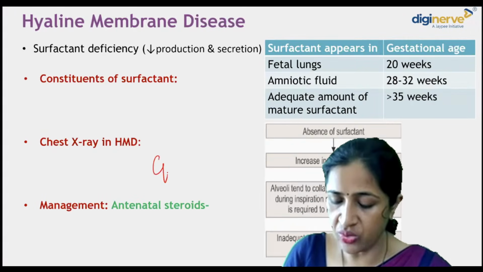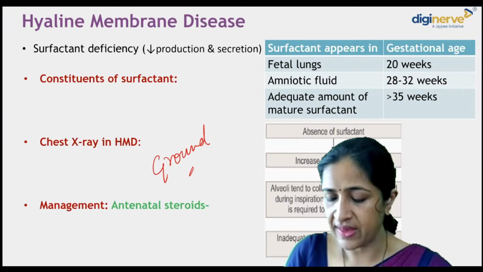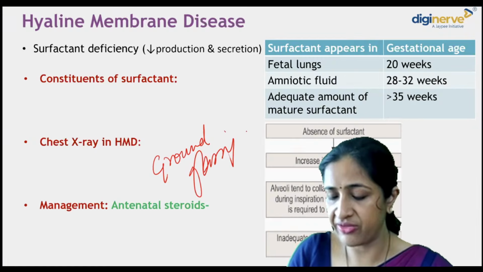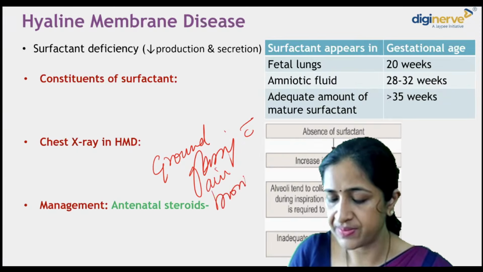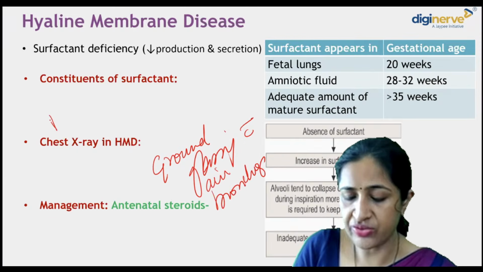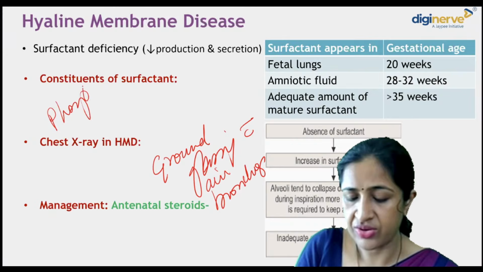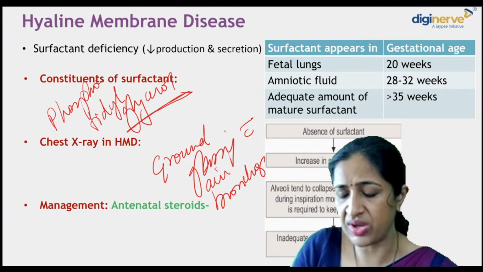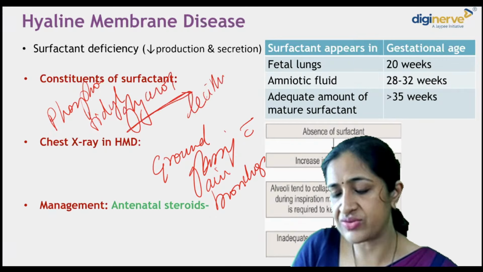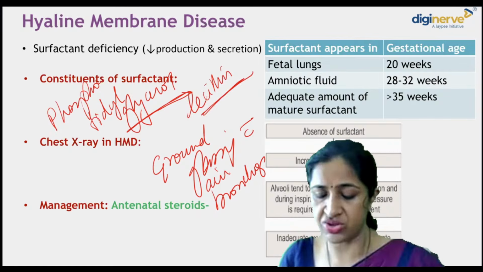So, ground glassing with air bronchograms. Constituents, for those who have... phosphatidylglycerol, most important. Okay, lecithin, phosphatidylglycerol, the most important constituent.